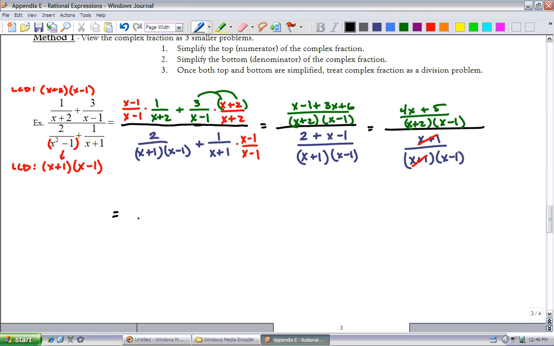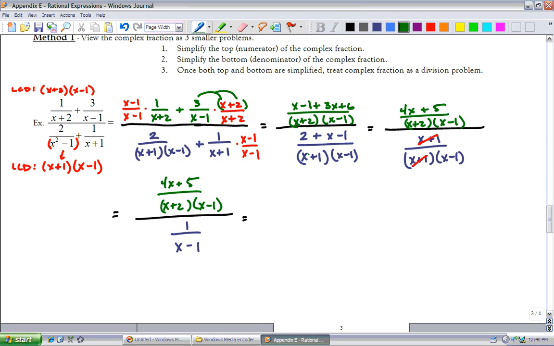So I go to rewrite this again, and again I have 4x plus 5 over x plus 2 times x minus 1. That's my top. And my bottom is now reduced to just 1 over x minus 1. Now, once you get these to the simplest form that you can, you need to understand that this black line here just means division.